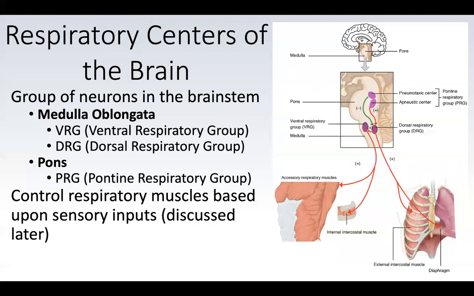The medulla oblongata is going to have the ventral and dorsal respiratory group, named based on the anatomical locations that they are in. And then the pons are going to have the pontine respiratory group. They will control the respiratory muscles based on the sensory inputs that the body is receiving.